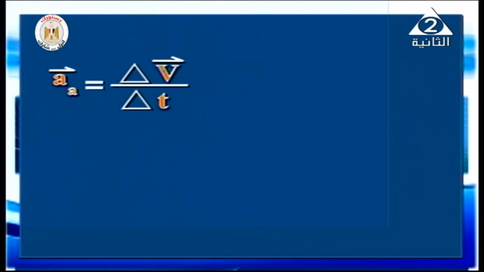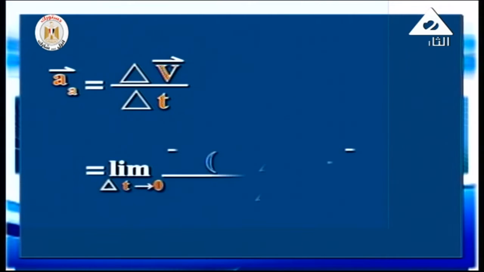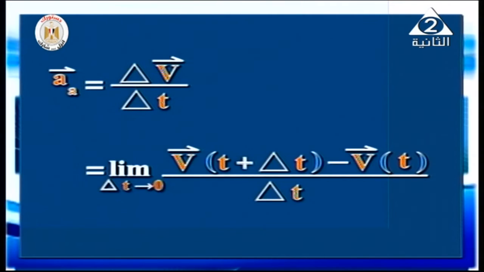Delta t is the change of time. Or the limit when delta t tends to 0 of v(t plus delta t) minus v(t) over delta t. This is the definition of differentiation: dv over dt, the limit as delta t tends to 0 of f(t plus delta t) minus f(t) over delta t.